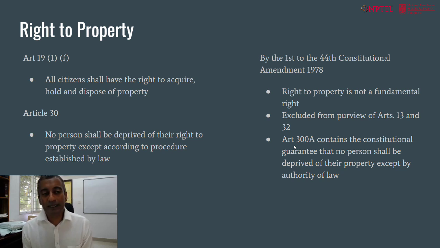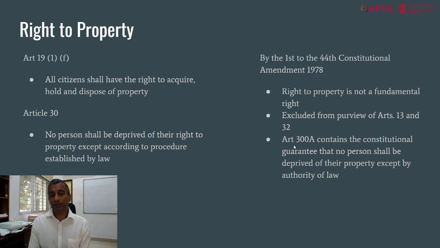You will notice that Article 19, the right to property, is very similar to the other Article 19 rights of freedom of speech and so on, whereas the Article 30 right to property is very similar to the guarantee in Article 21 of the right to life and personal liberty.